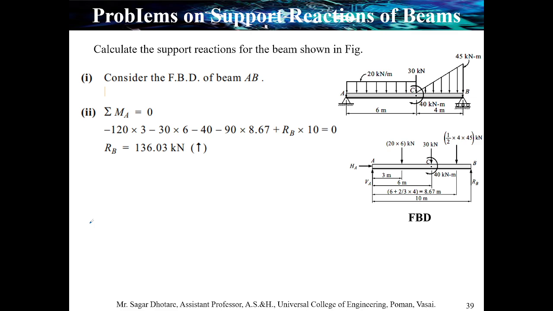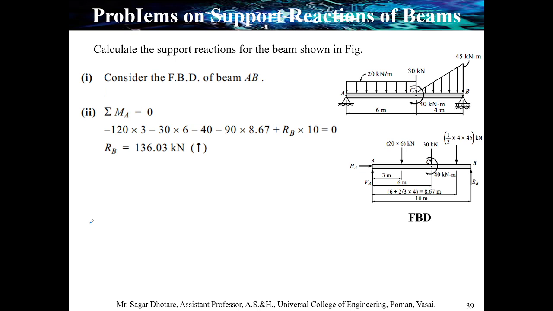Next is the force we converted the UVL into, a single point load, that is 90 kilonewton into the distance, that is 8.67. And the last one remaining is the reaction at point B, so RB into 10, and all equals 0. It means the moment at point A is equal to 0.